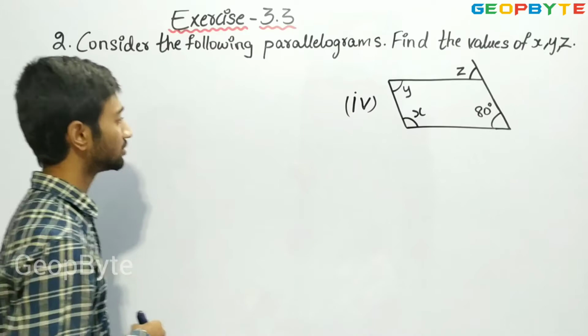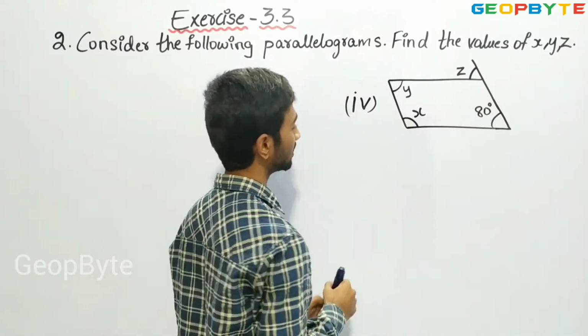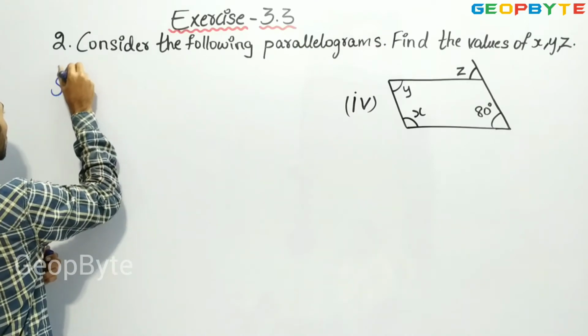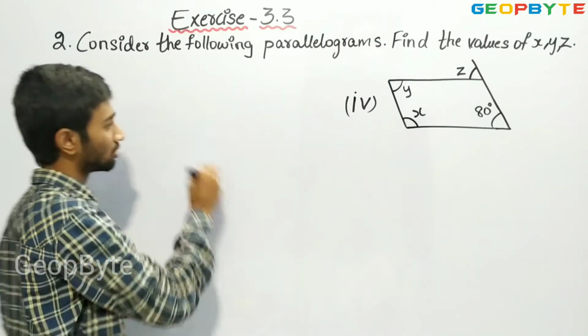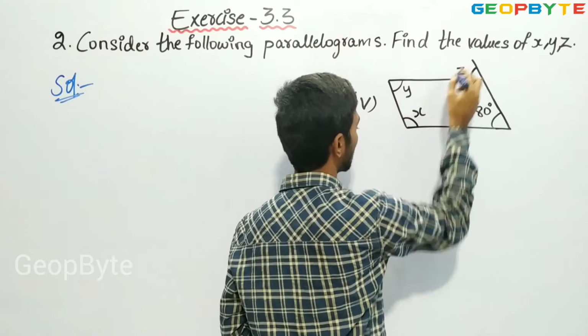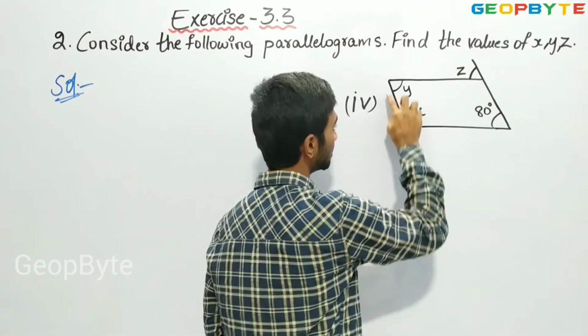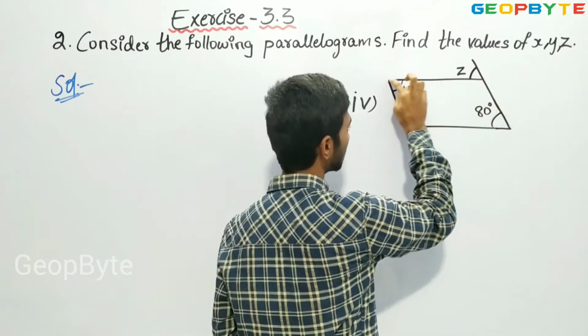Now let us see the fourth figure. Here we have a parallelogram. So we need to find the values of x, y and z. Now if you observe in this figure, this is a parallelogram.